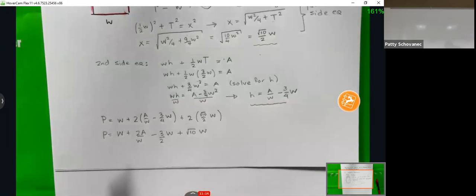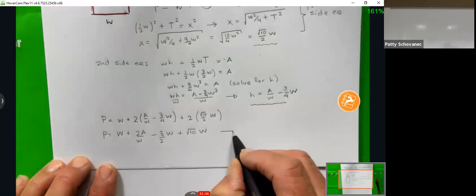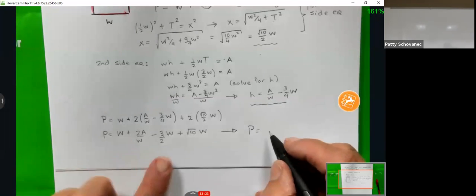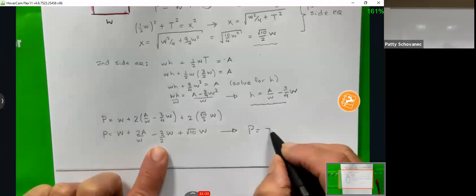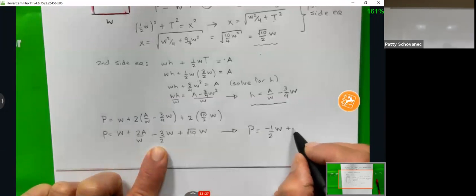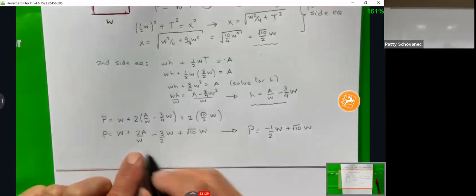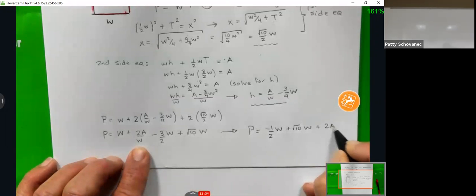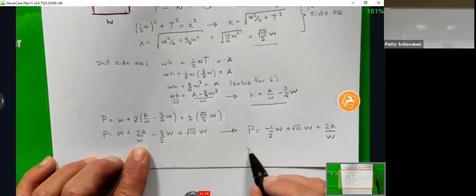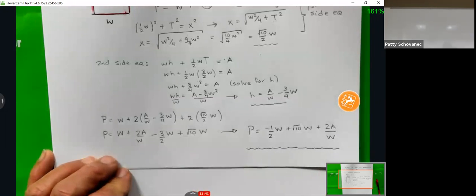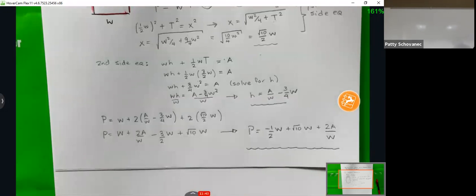That's 2 over 2 minus 3 over 2 W. And I have perimeter is equal to minus 1 over 2 W plus square root of 10 W plus 2A over W. I think that's okay.